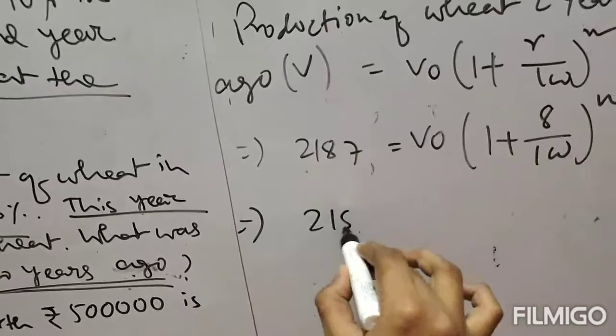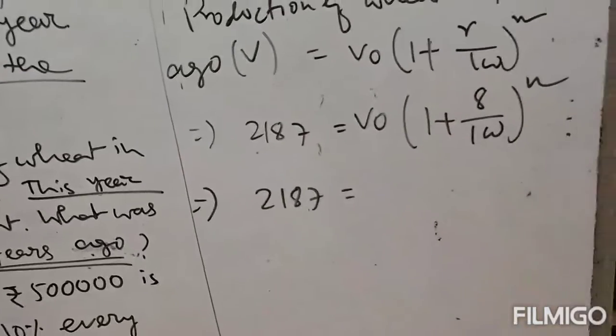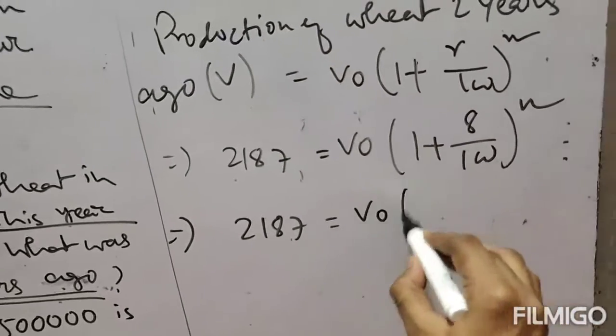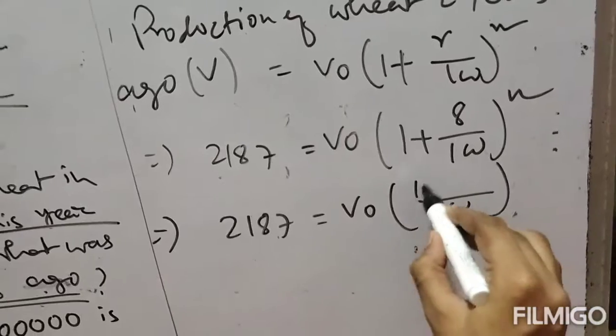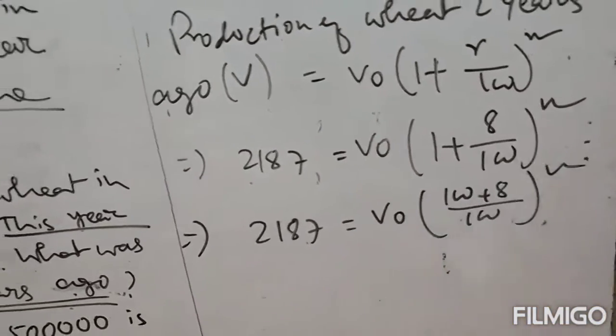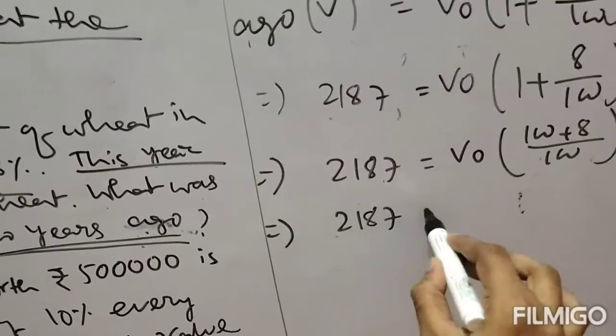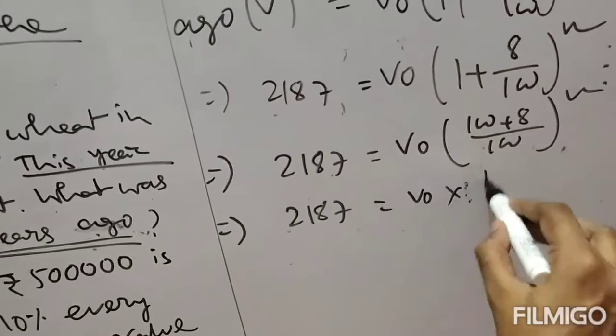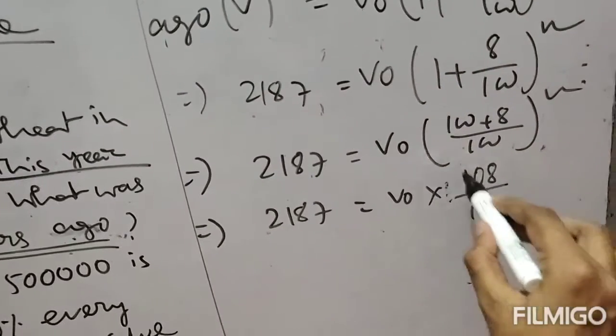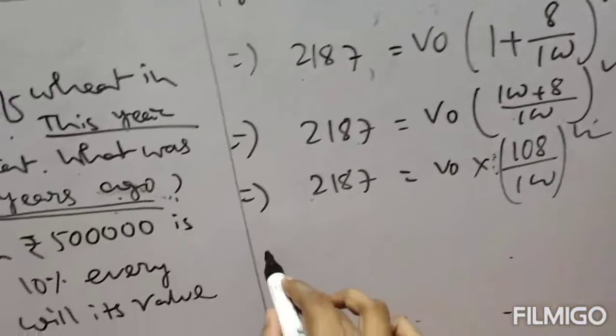That means 2187 equals V0 into 108 by 100 to the power n.